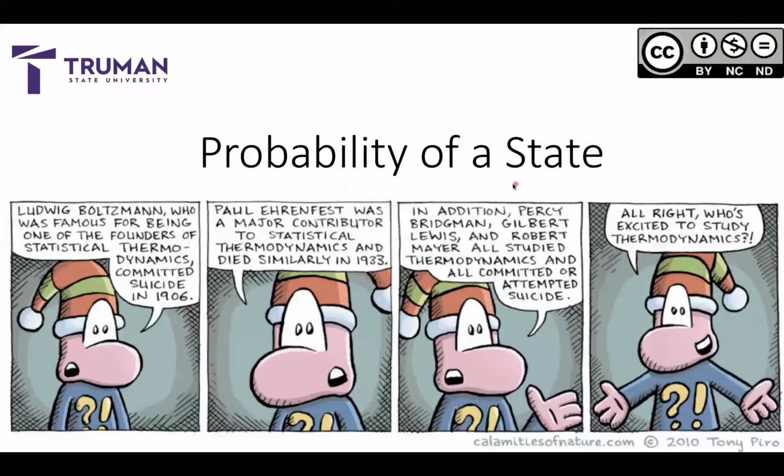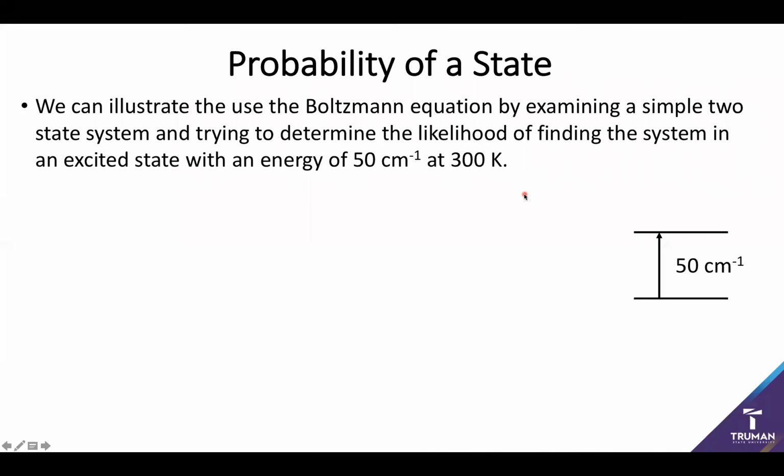So one of the ways we can make use of the Boltzmann equation is by looking at a simple two-state system. All I'm going to be trying to do is determine the likelihood of finding a system in an excited state. So we're going to work this for a set of simple systems. We're going to be looking at a case where my excited state has an energy of about 50 inverse centimeters.